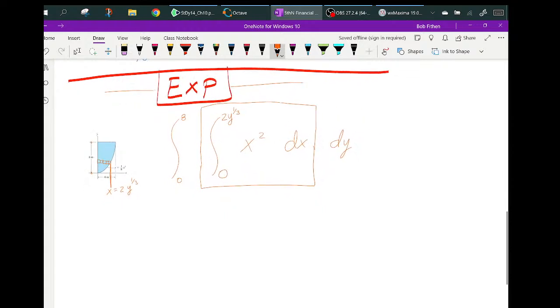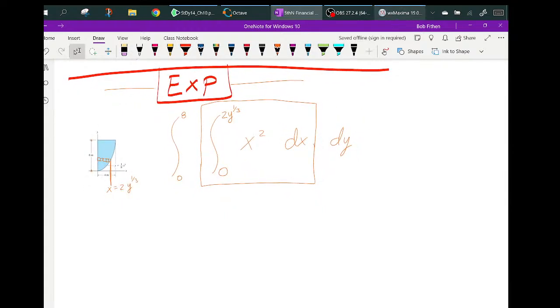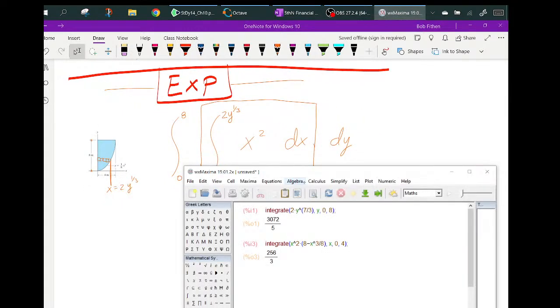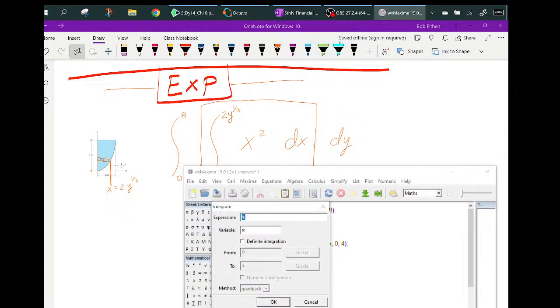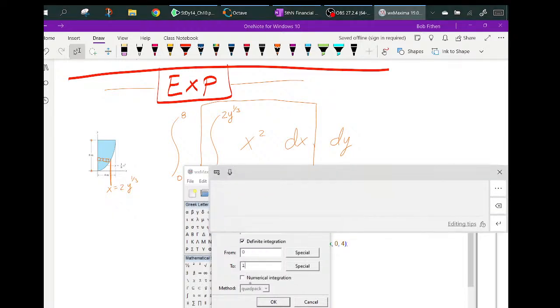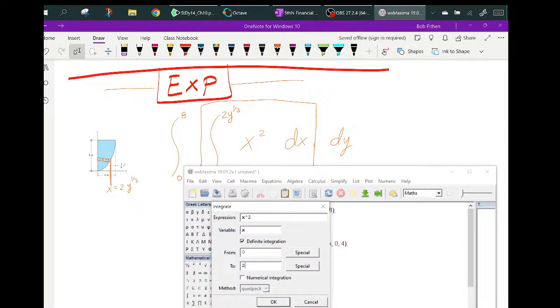So let's take the first integral. I don't know if it will allow me to do this, but if it doesn't, that's okay. I'm going to put in the x squared. I'm going to do a definite integral from 0 to, let's see if this will work, 2 times y brought up to the 1/3.